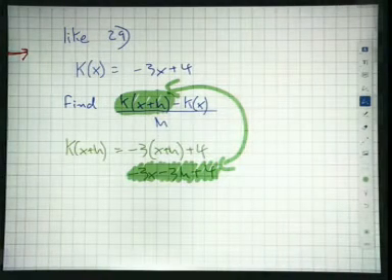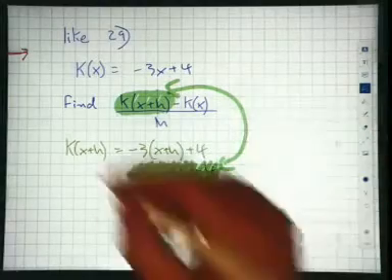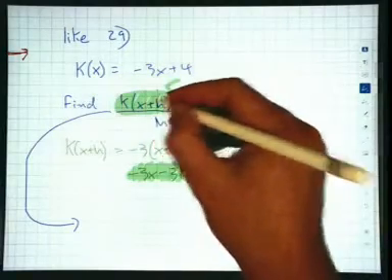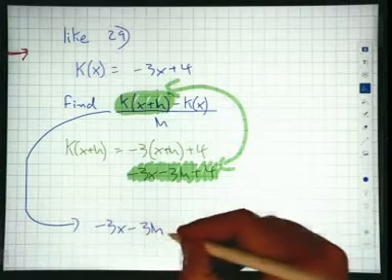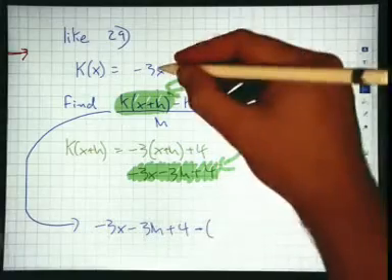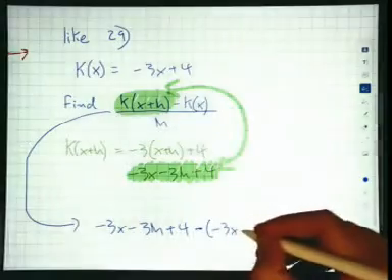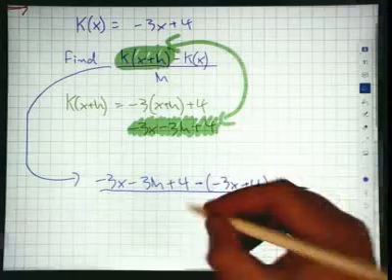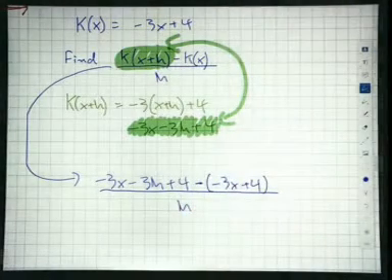So now you just got to fill things in. Going back to this, we know what k at x plus h is. It's negative 3x minus 3h plus 4. We're going to subtract all of k of x, all over h.